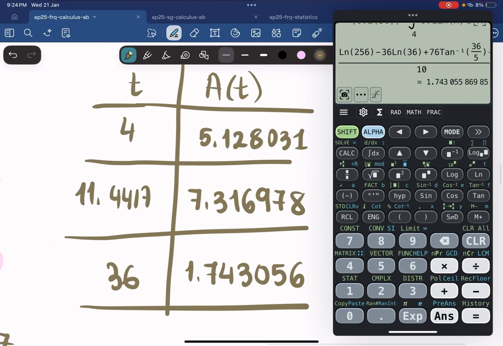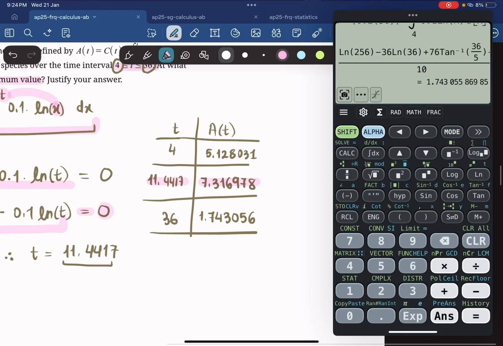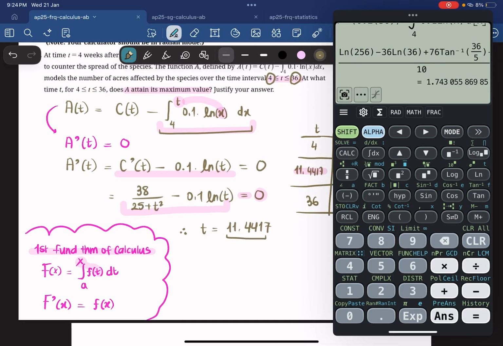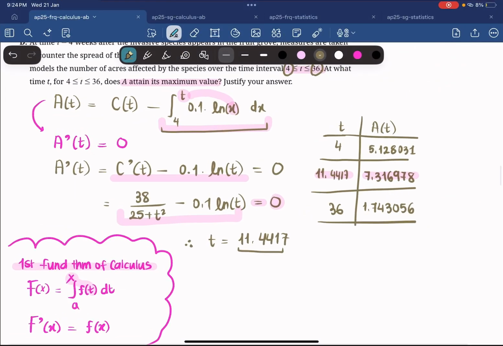So clearly the maximum value of A is 7.316978 at time t equals 11.4417. So what do we say? They said justify your answer, and we did using this table. So we can close this calculator.